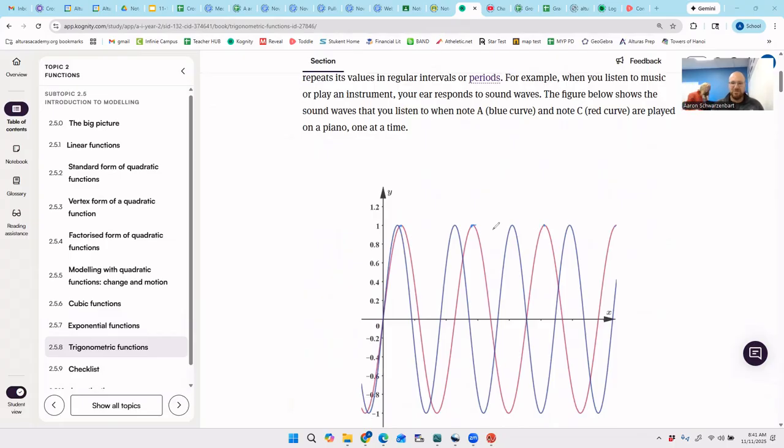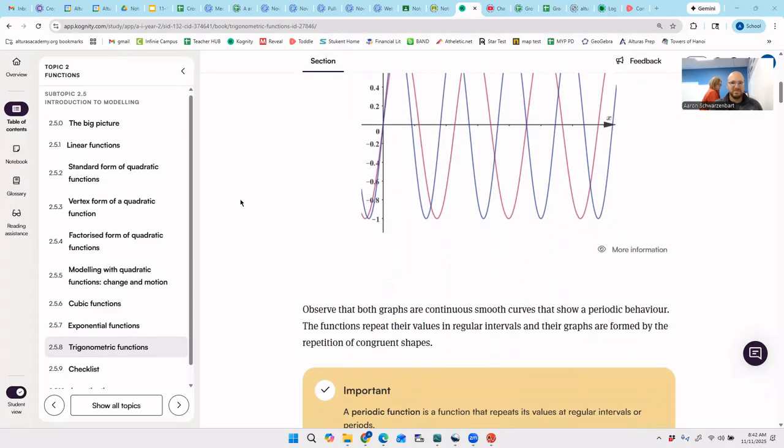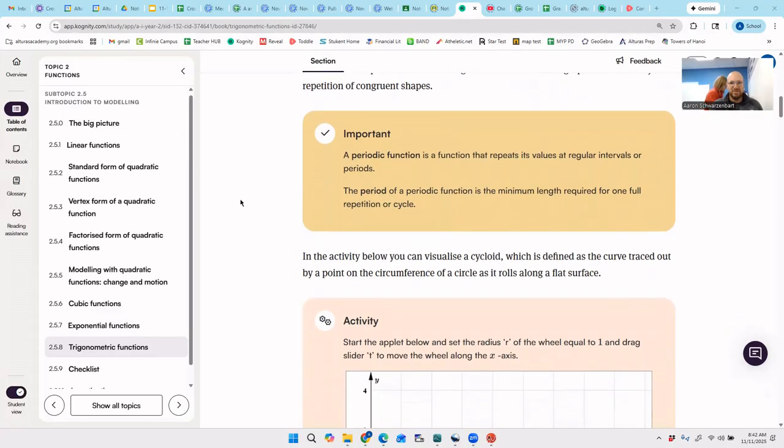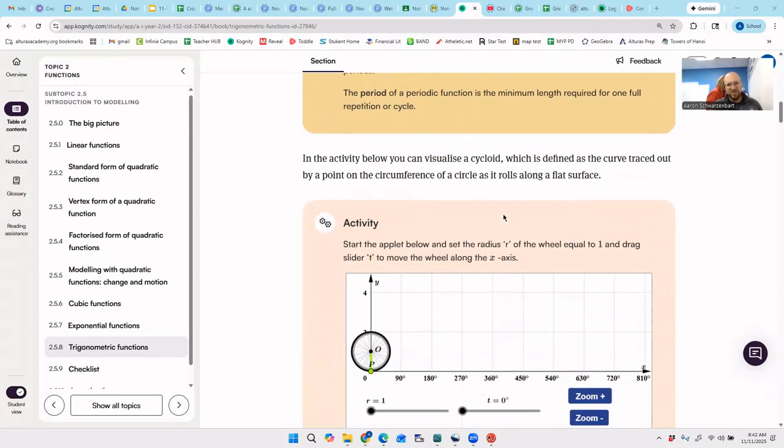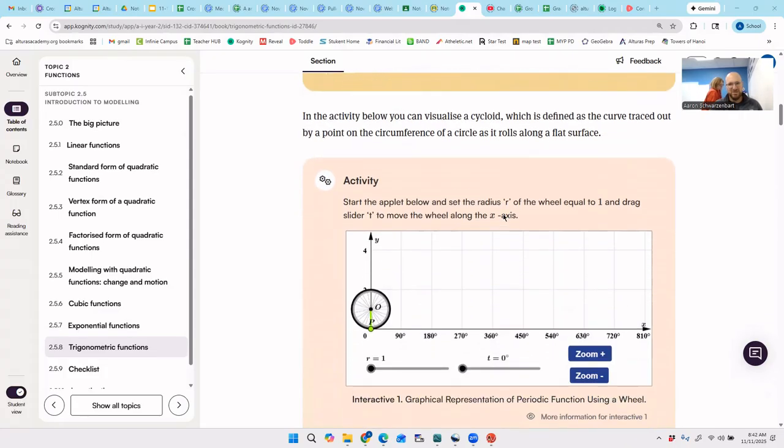The period is how often it repeats, or how much x or time goes by. So a periodic function is a function that repeats its values at regular intervals of periods. All 6 trig functions do.